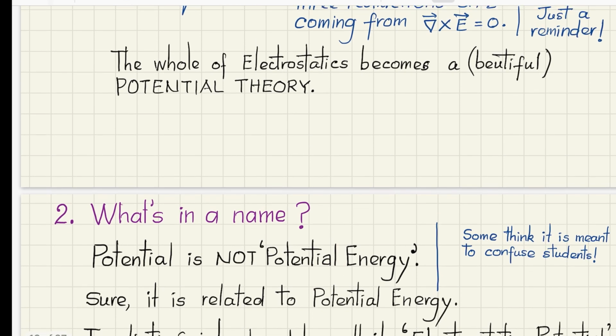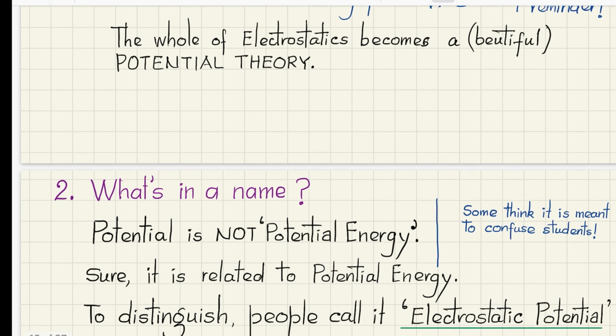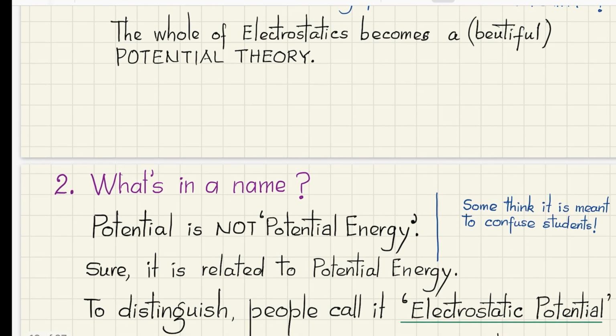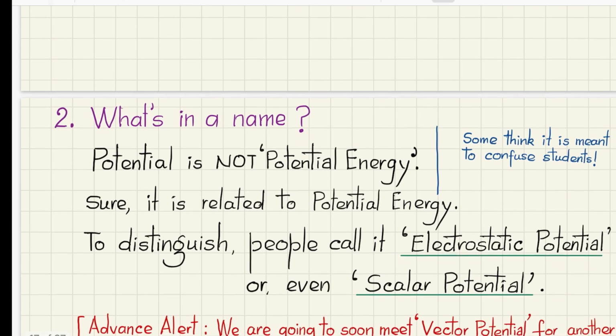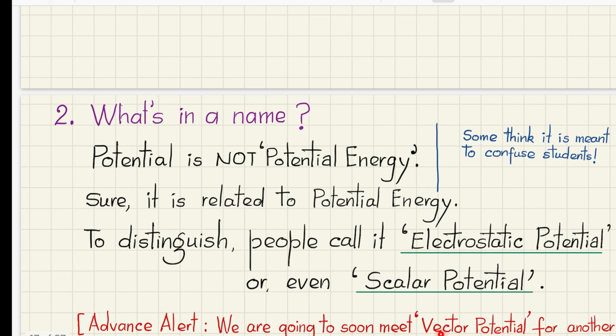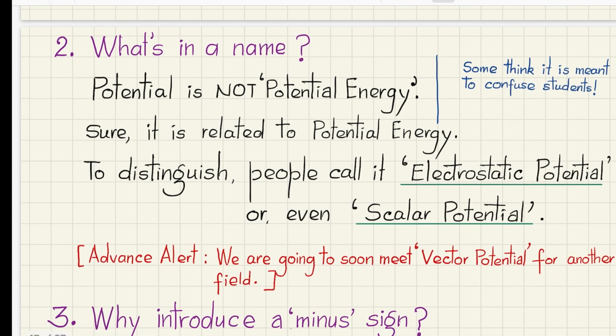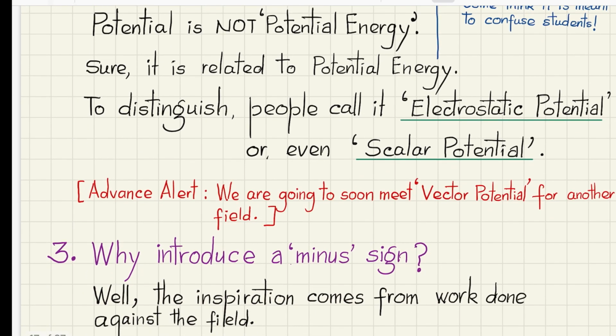To distinguish, sometimes people call this electrostatic potential, but we'll just refer to it as potential, or even just scalar potential. Why scalar potential? Because we are going to soon meet another field in which we'll have a vector potential. This is an advanced alert. So that is why, to distinguish, sometimes people call it the scalar potential, that is, electrostatic potential.